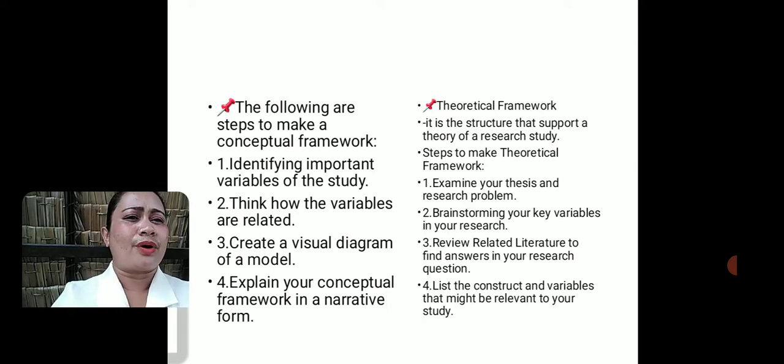We should do our RRL, the review of related literature. Fourth, list the constructs and variables that might be relevant to your study, so we can make a theoretical framework.